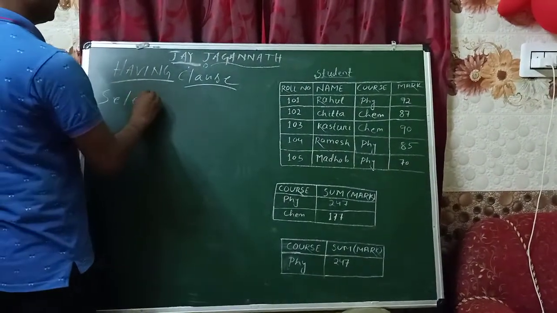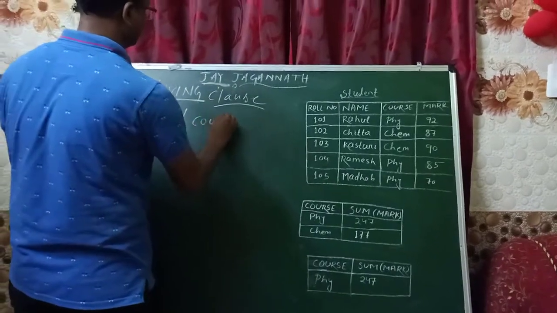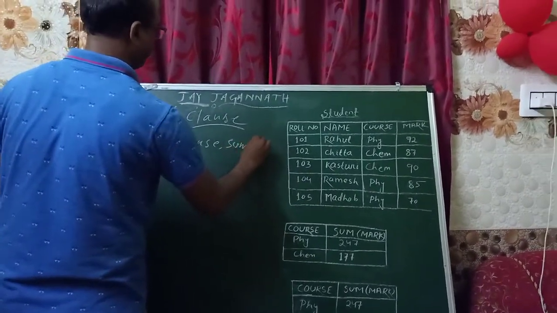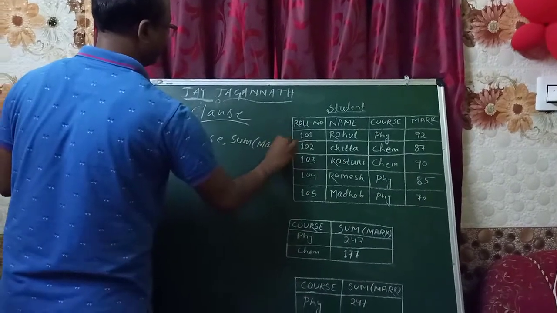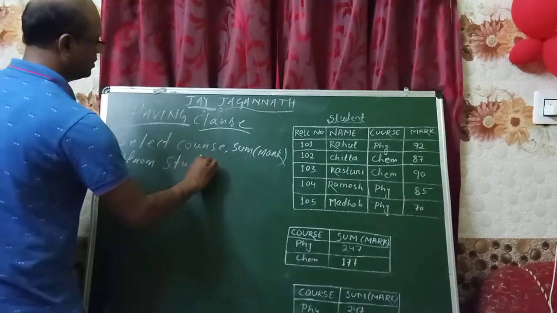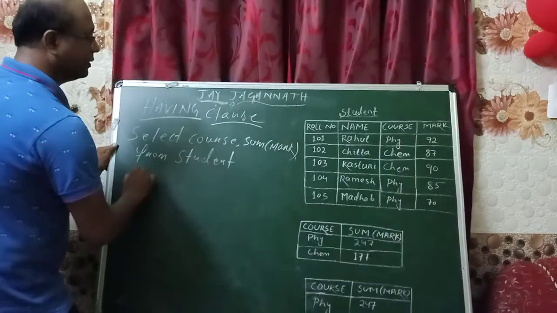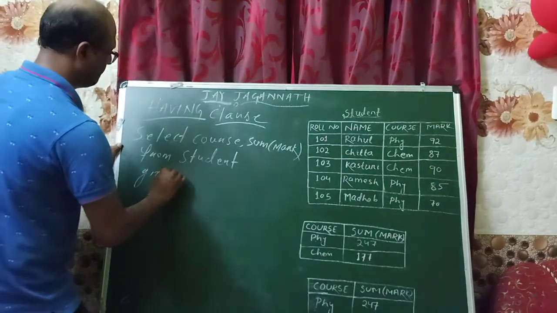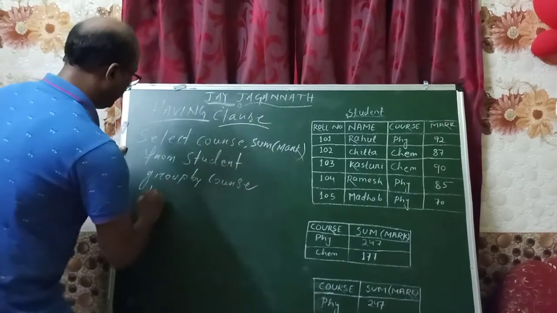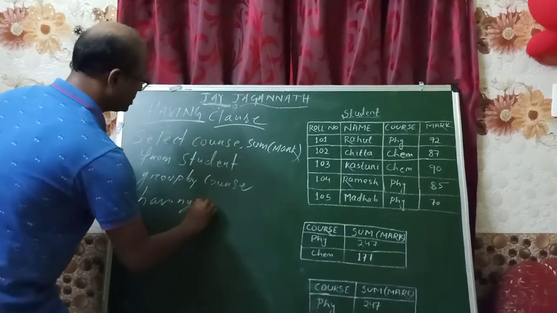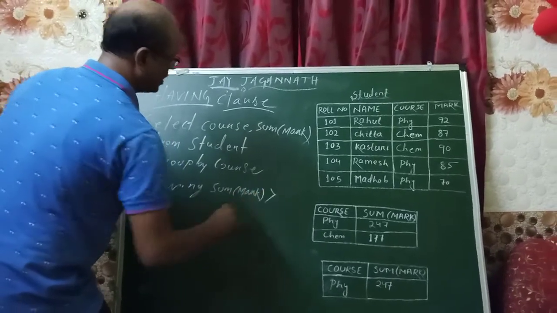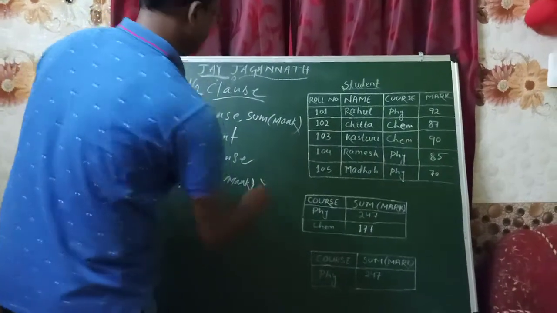Look at this: select course, sum(mark) from student group by course having sum(mark) greater than 200.